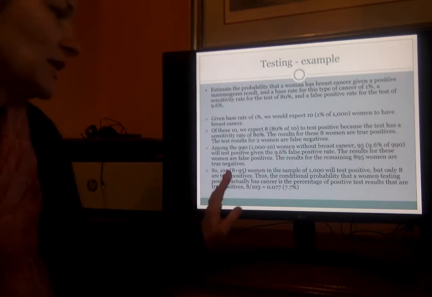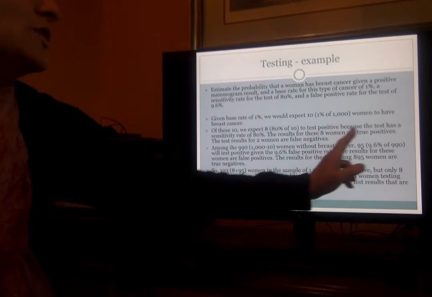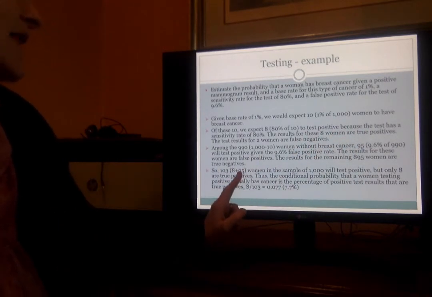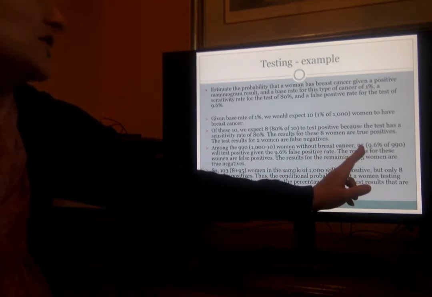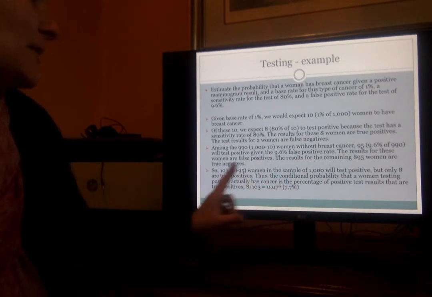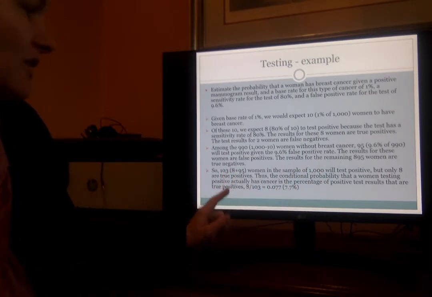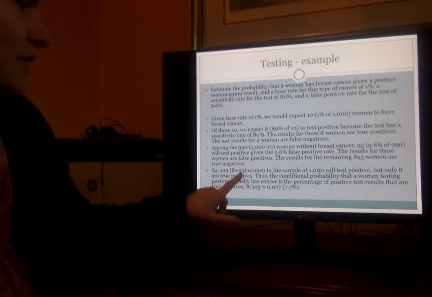Okay, so then let's add the 8, which is the women who do have true positives, and the 95, the women who have false positives, in this sample of 1,000. So that's 103 out of our sample of 1,000 that will test positive, even though we know that most of these women are false positives, right?